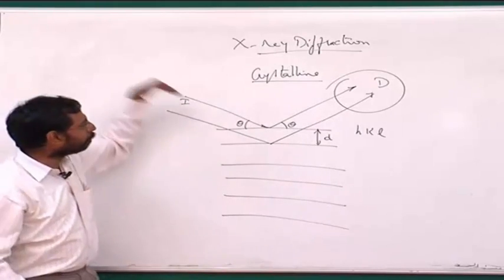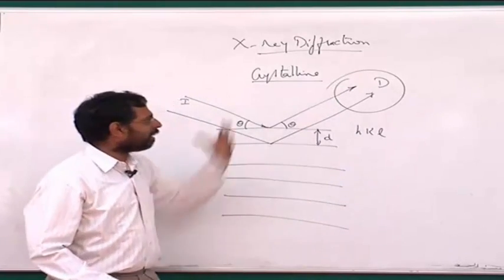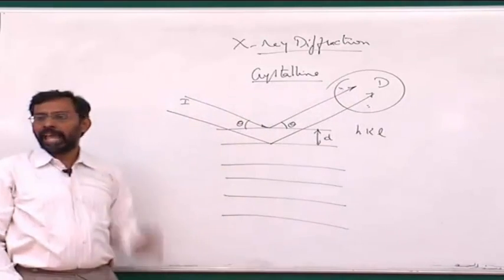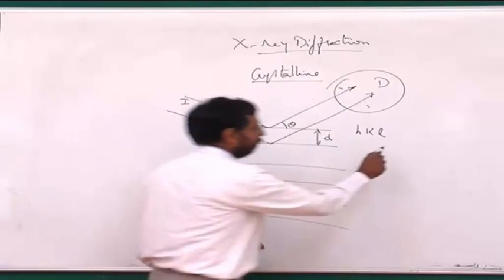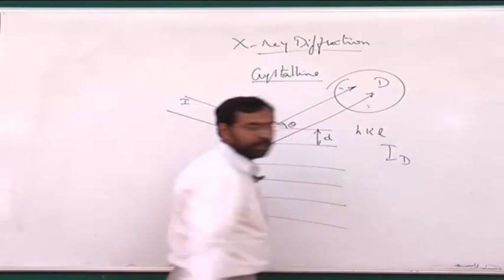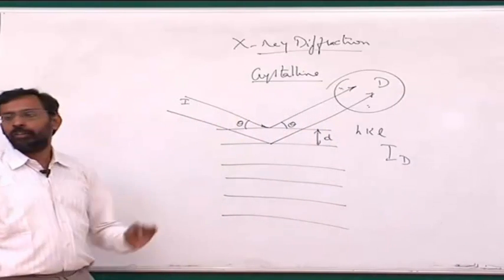This is an incident beam, this is a diffracted beam. If there is constructive interference between these, only then will you have some intensity of a diffracted beam. If there is no constructive interference, you will not.